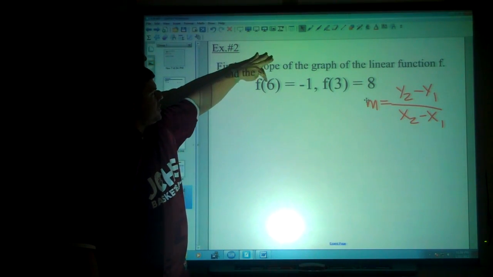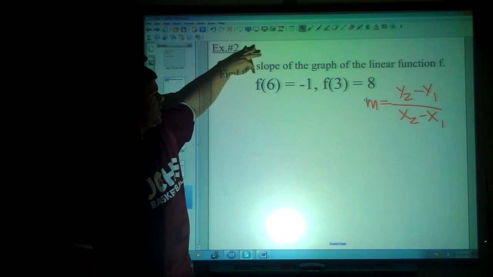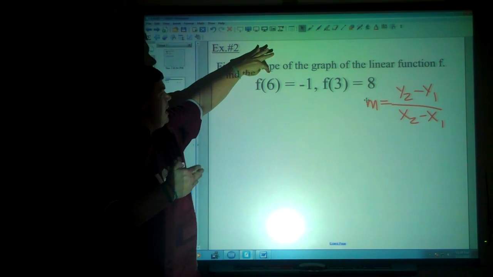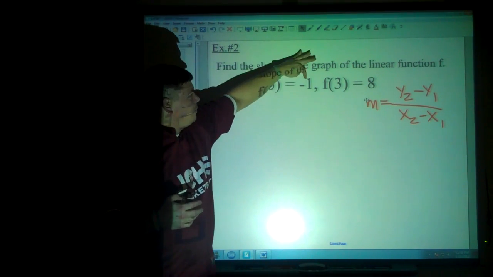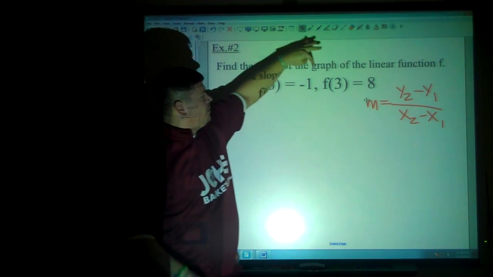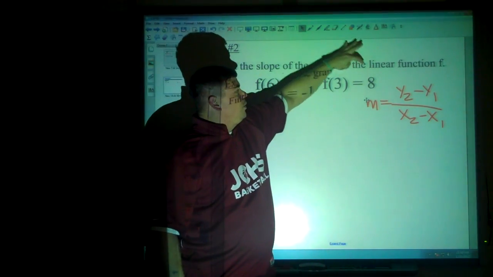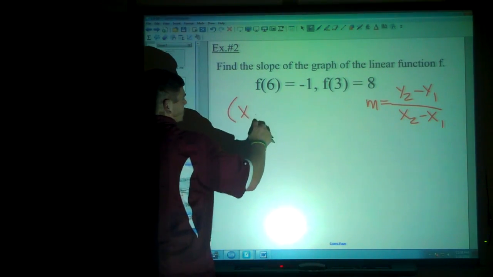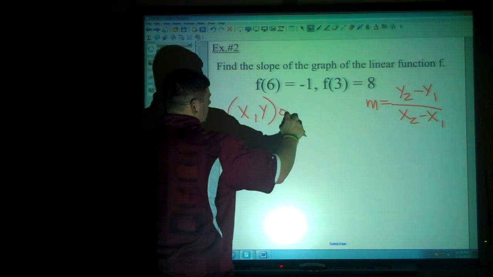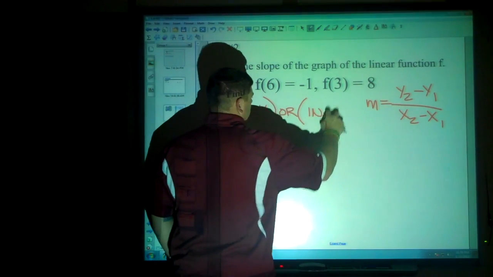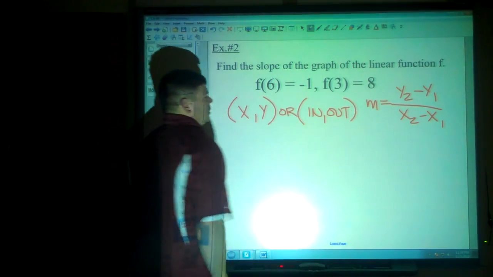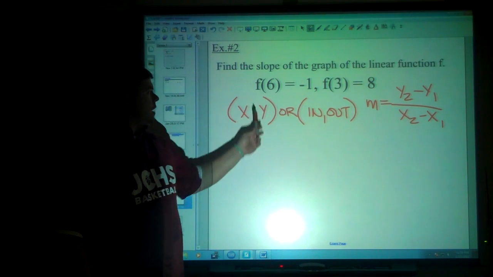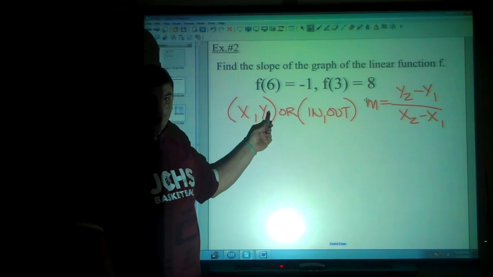Remember, f of x, in this case f of 6, is the rule being applied to 6. So 6 is an input, and we did the math to 6, and the output was negative 1. Then we applied the rule to 3, and the output was 8. If you recall, coordinates are usually written x, comma, y, or in, comma, out, because the x value is our domain, which stands for the inputs, and the y value is our range, which stands for the outputs.